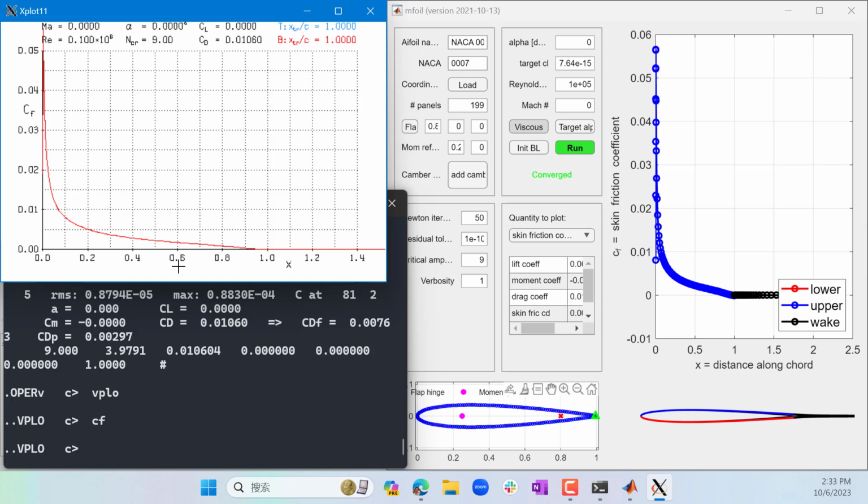So the skin friction is defined as the friction force on the surface per unit area, non-dimensionalized by half of rho u infinity squared, right? So the same kind of non-dimensionalization as the pressure coefficient, because both pressure and friction are expressed in terms of force per unit area, right? Except the pressure is in the wall normal direction, the friction is in the wall tangential direction.